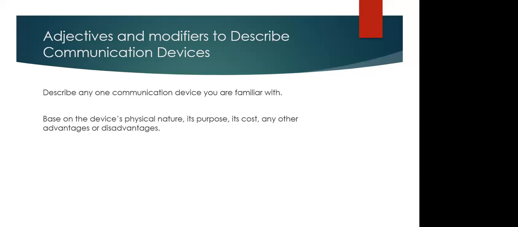If they take you to a shop and they want you to buy a laptop, maybe your parents want to buy you a laptop. When you get to that shop, they may ask you, which kind of laptop do you want? So you would use adjectives and modifiers to add information onto the word laptop to identify exactly which one you want.